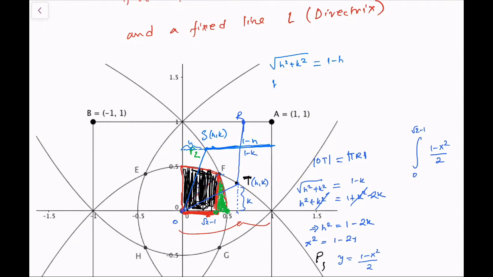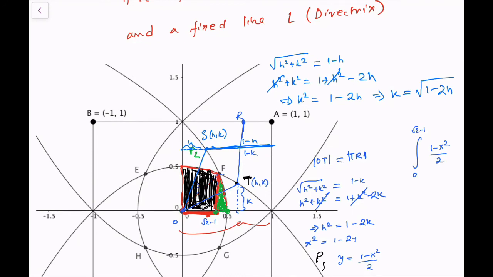If we square both sides, we get h square plus k square equals 1 plus h square minus 2h. H square cancels, so we have k square equals 1 minus 2h, or k equals positive square root of 1 minus 2h. It's positive because obviously we're in the first quadrant, so both x and y are positive.